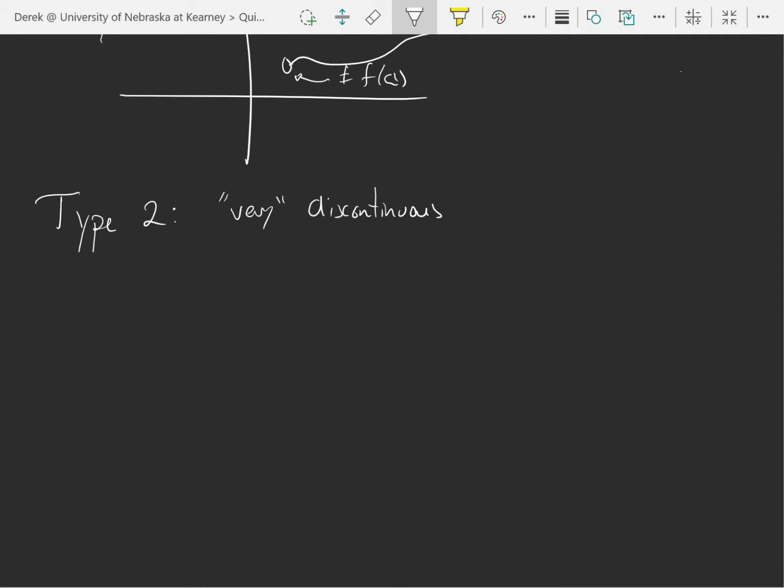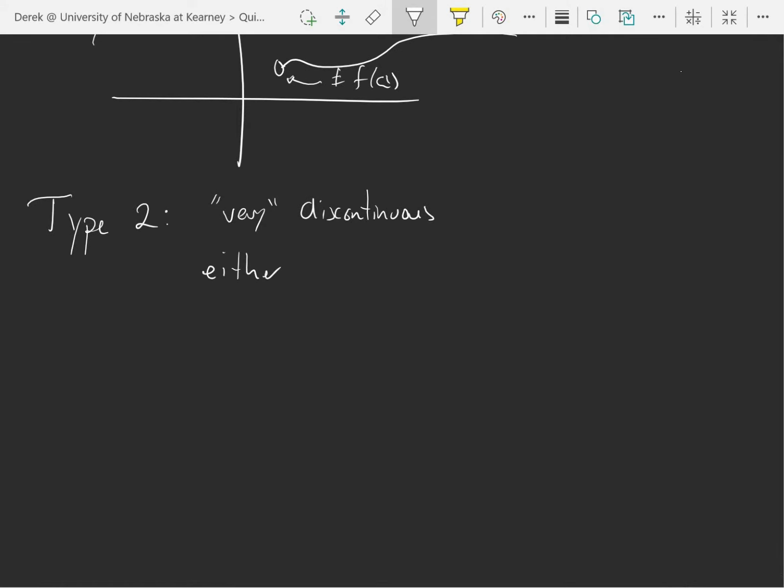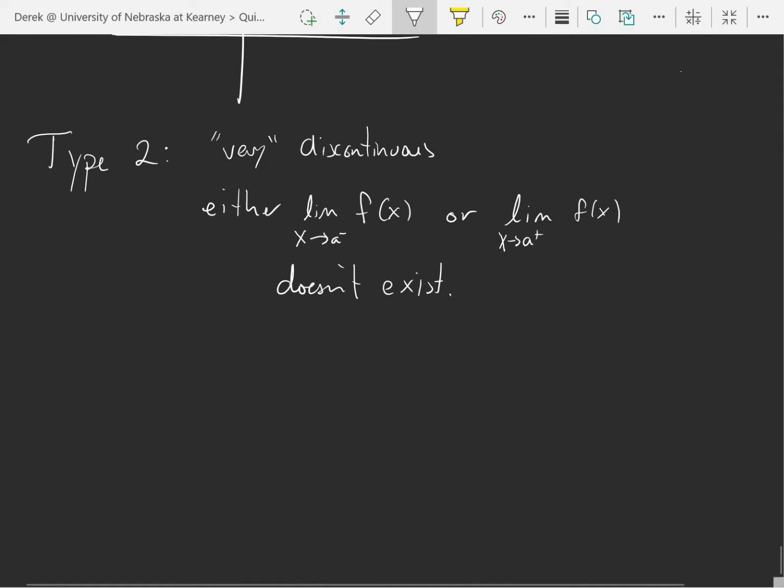And what I mean by that is either as I approach a from the left or from the right, one of these two things doesn't actually exist as a limit. So I can't even think about what it would mean to be continuous in this case.